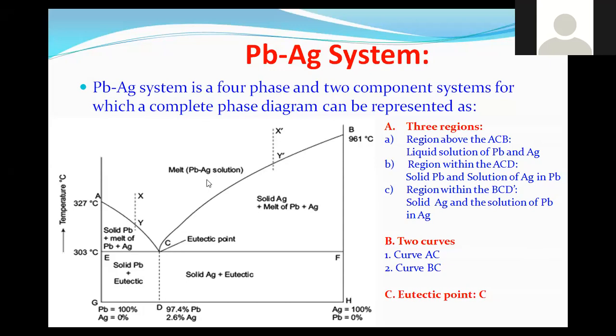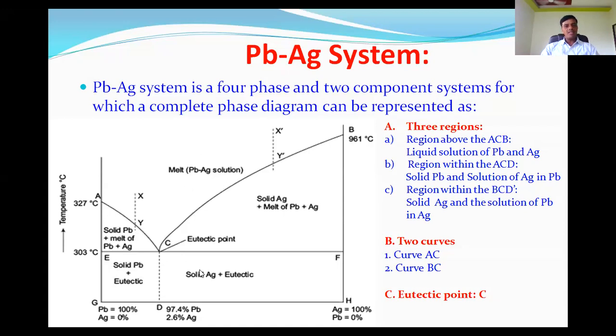To explain the composition of each phase, we need two independent chemical constituents, that are lead Pb and silver Ag. Without these two chemical constituents, we cannot define the composition of each phase. Therefore, it is said to be an example of a two component system.